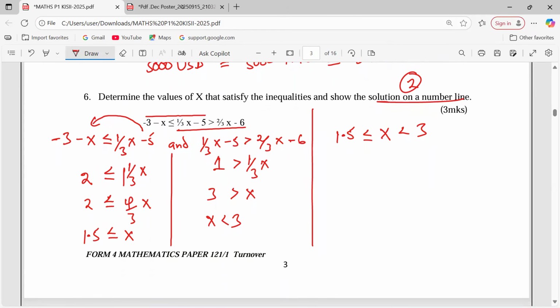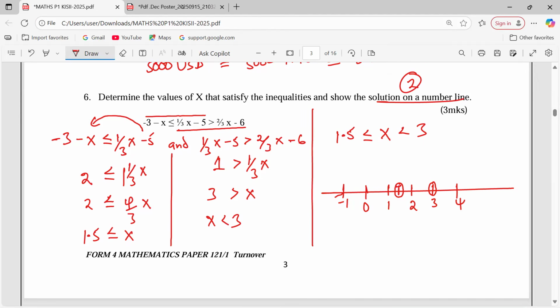Let's now represent on an upper line. We can have 0, -1. Here we can have the positives 1, 2, 3, 4, like that. So we are starting from 1.5, here, the mid of 1 and 2, all the way to +3.